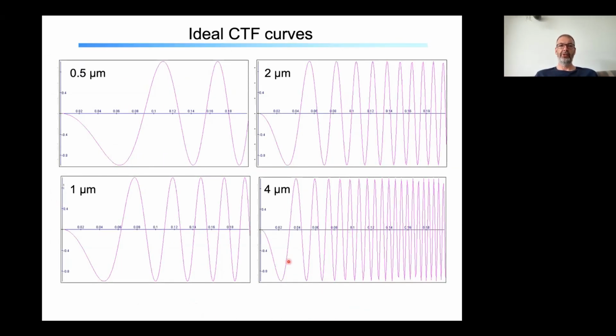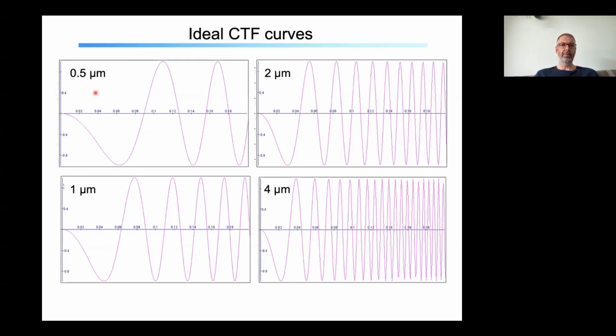This just shows you some ideal CTF curves with varying amounts of defocus. You can see, again, we start off with very little transfer of spatial frequencies at the lower end. Then we get a maximum, and then it goes through 0 again, where we get no transfer, then to a positive maximum, then back through 0. You can see that this function oscillates.